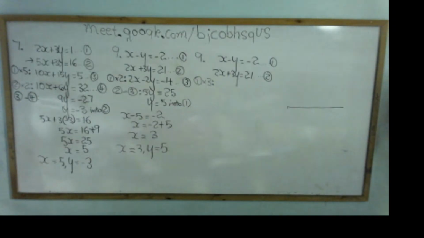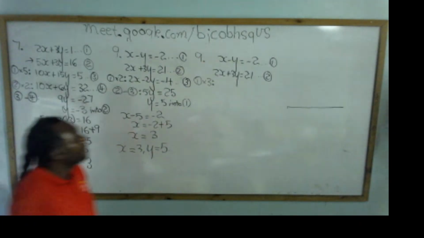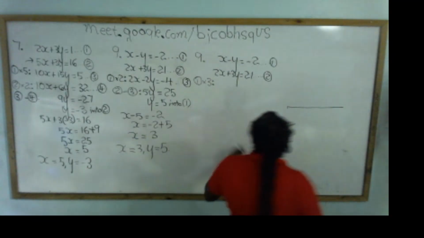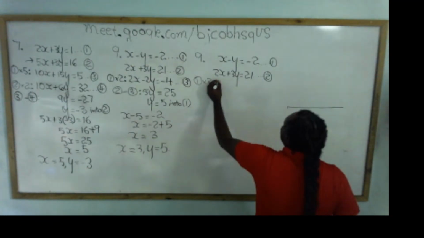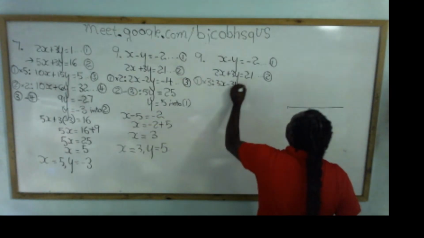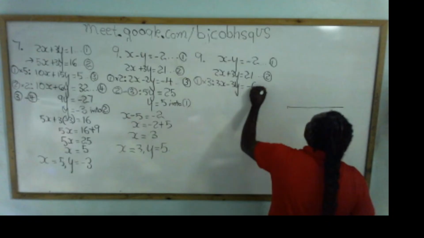That's why I do it. So multiplying, we get all of this. 3 times x is 3x, 3 times y is 3y, and 3 times negative 2 is negative 6, and that is your equation 3.